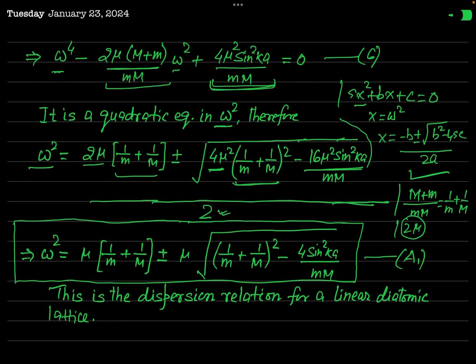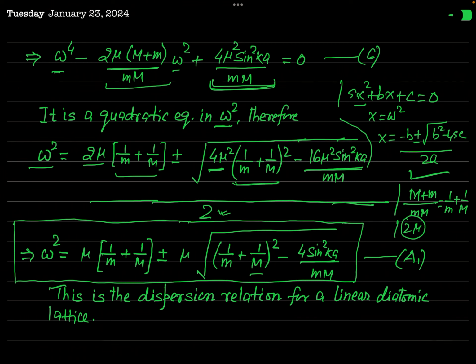Okay, 2 mu. And the remaining terms will be what? This will be (1/m + 1/M) whole square minus 4 sine square Ka, because 4 mu square has been taken as a common factor, so only 4 remains here. The factor 2 in all the terms in the numerator and the denominator will cancel out.